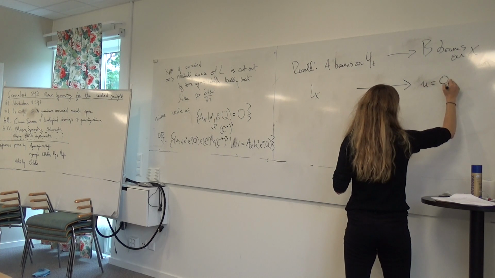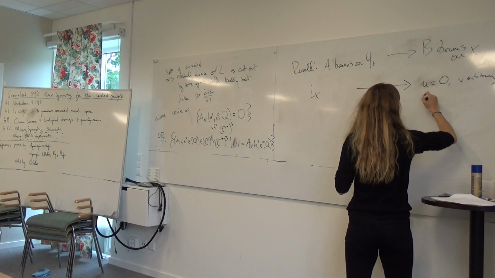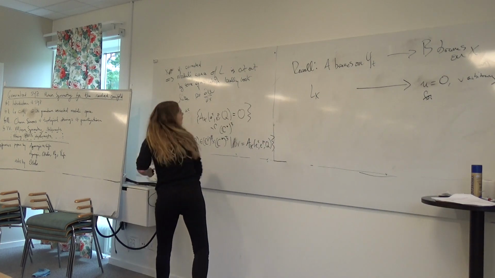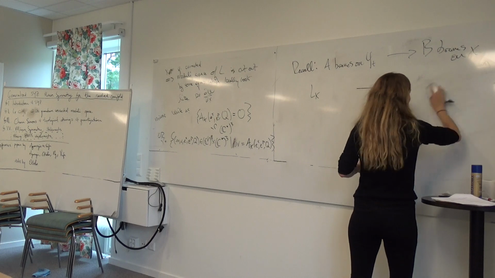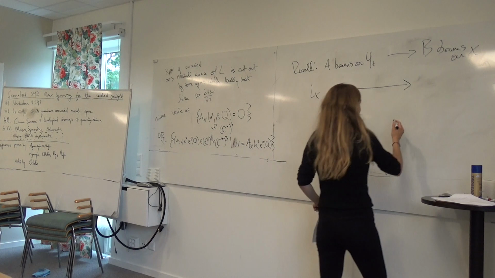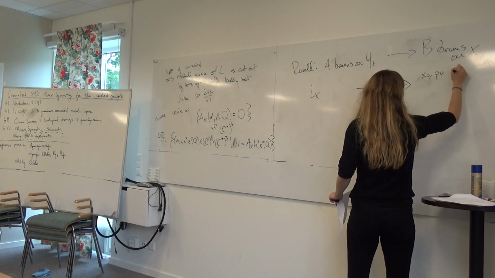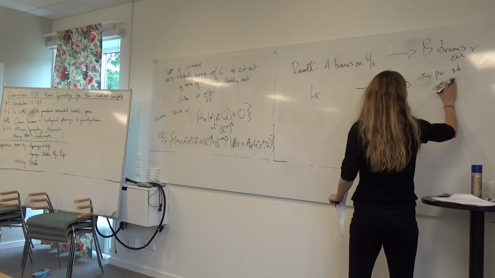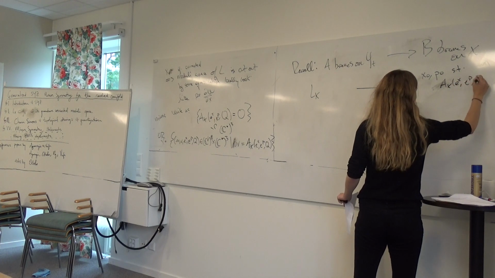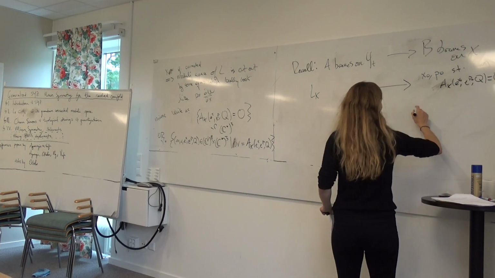u equals 0. Sorry, this is not quite right. I want to say we take x naught, p naught such that A_K(e^x, e^p, q) equals 0, that is, e^x naught, e^p naught, q equals 0.